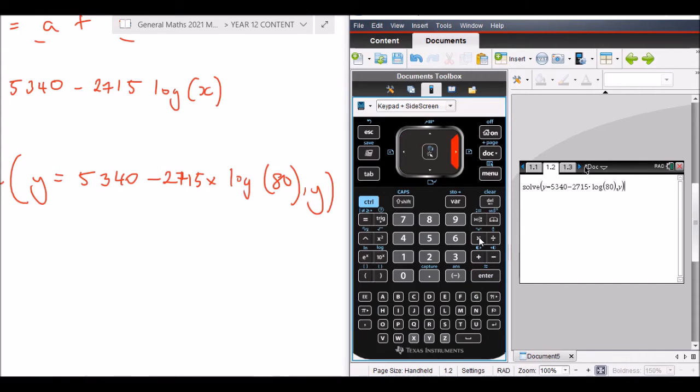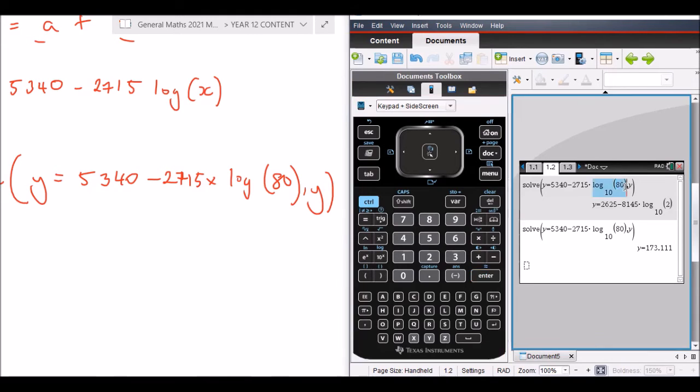There you go. If you get that, you can press Control Enter, and there's your answer. What's the death rate? Don't get too confused with this, because we did get it right. I think there might be a setting on the calculator you need to change to get this. Don't be like me, don't forget to put the brackets in the right spots. We'll do another example of this for the next question, but again, there's your answer: y equals 173.11.